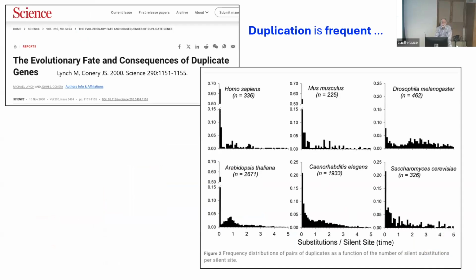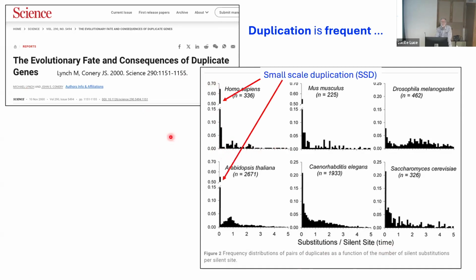So duplication of genes is really frequent. If you look at this, this is a classic paper here, Lynch and Conery 2000. You're looking here at the percentage of pairs of duplicated genes as a function of time. So this is Ks down here, so it's a proxy for time. You'll see this kind of L-shaped pattern in all different taxa.